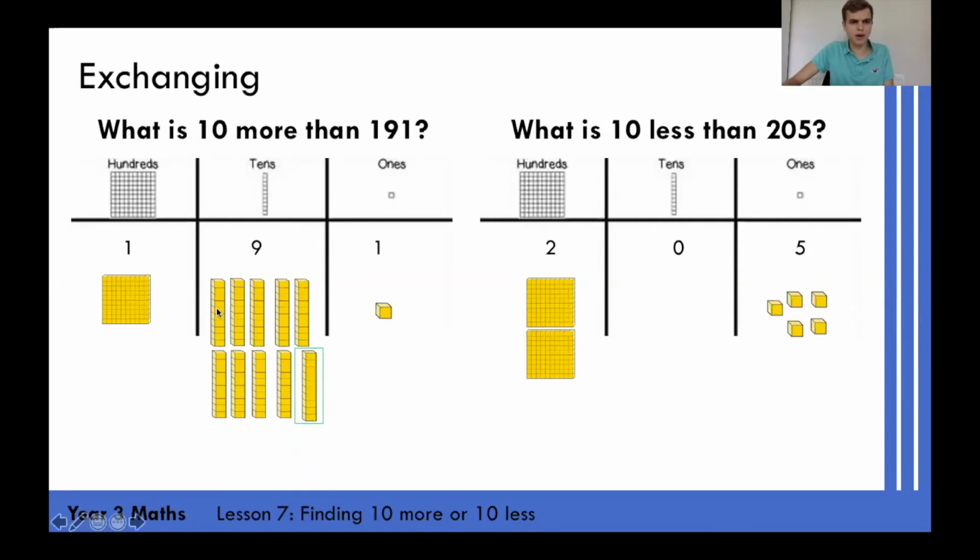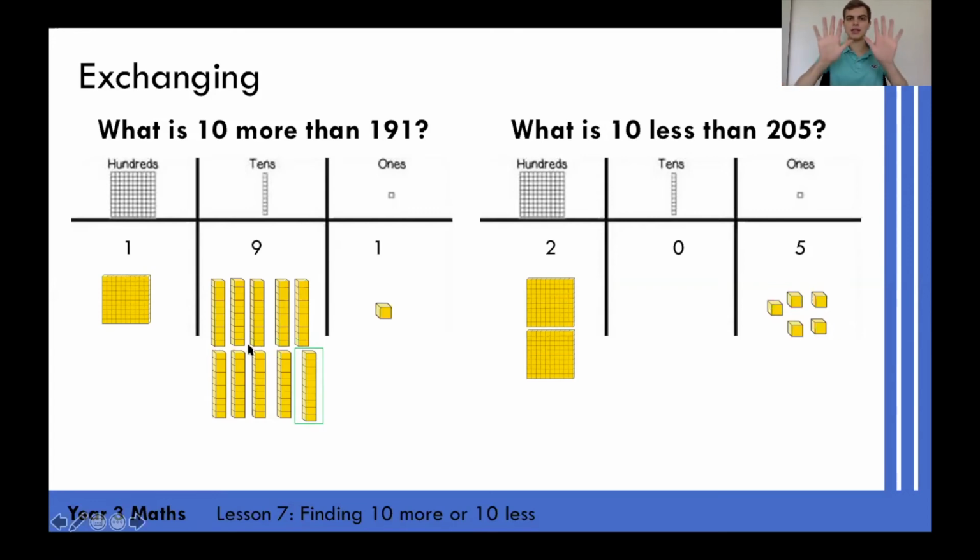But now I've got 1, 2, 3, 4, 5, 6, 7, 8, 9, 10. I've got 10 tens in my tens column, and I can't have 10 tens in my tens column. So I need to exchange. Can anyone remember what 10 lots of 10 was the same as? Well done. 10 lots of 10 is the same as 100, isn't it?